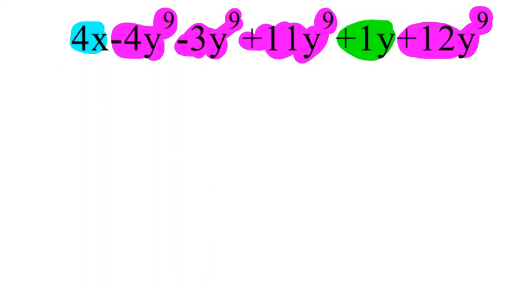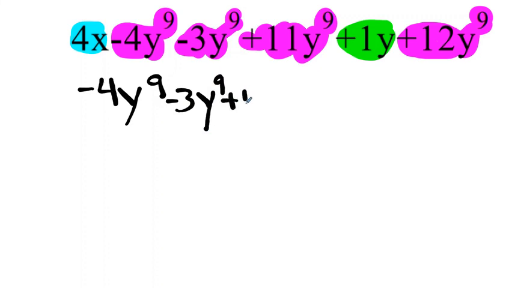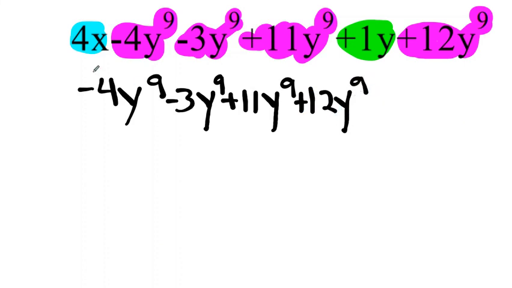So what I'm going to do is combine my like terms, so only these numbers. You can use your calculator for this part, but in your calculator you're only going to use numbers. You're not going to input any letters. I am going to copy my problem, and now I'm going to copy my lone terms.